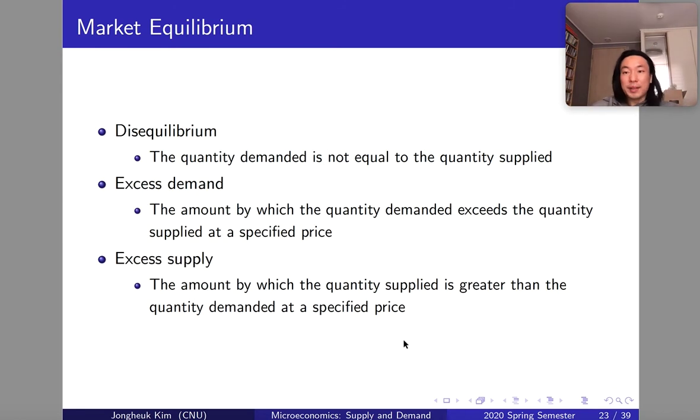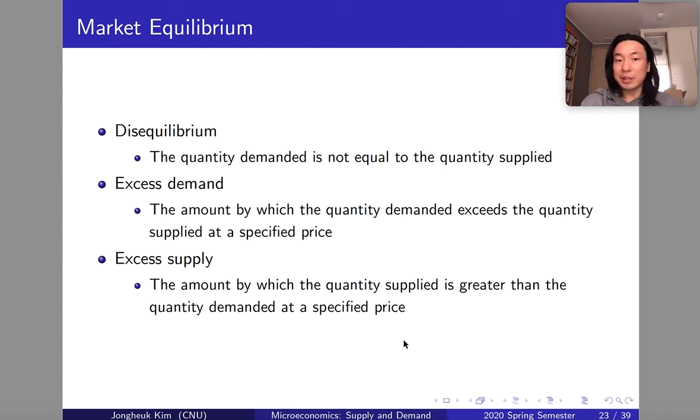But sometimes a market does not have an equilibrium, which means not every market has one. Some part of the market will malfunction, and then that market doesn't have any equilibrium. This is called a disequilibrium situation. Generally there are two types of disequilibrium.